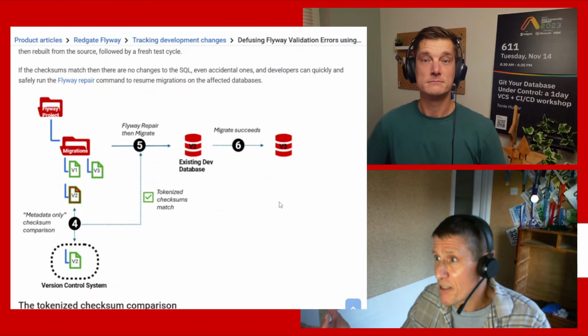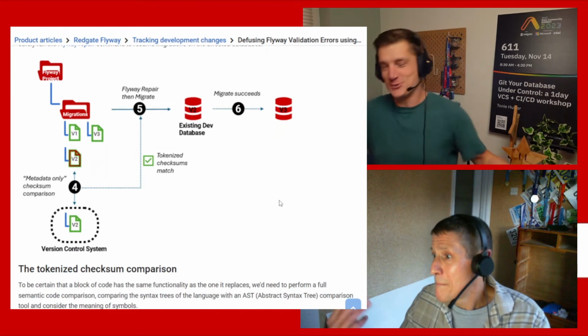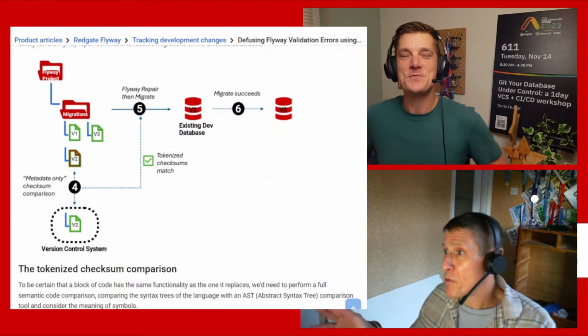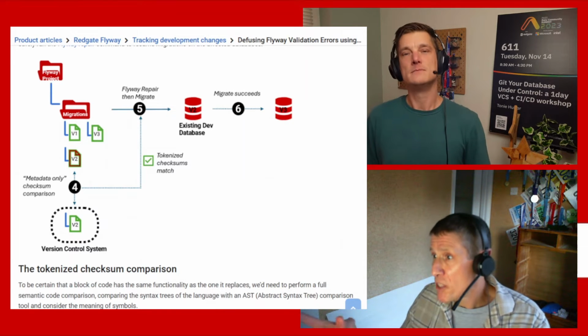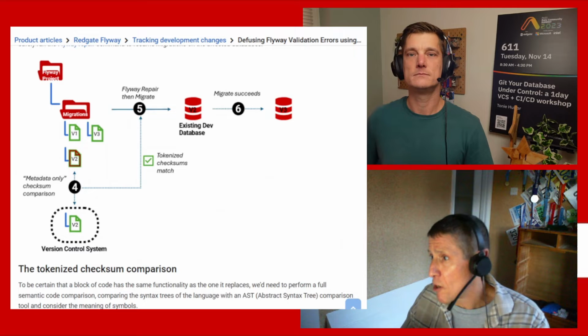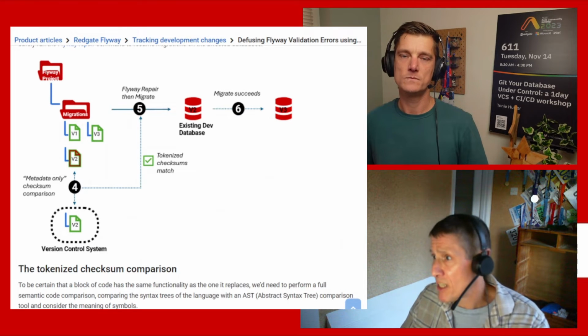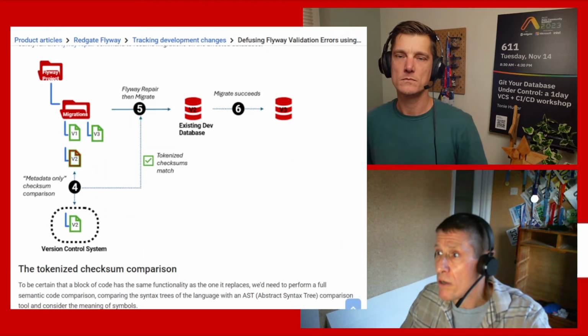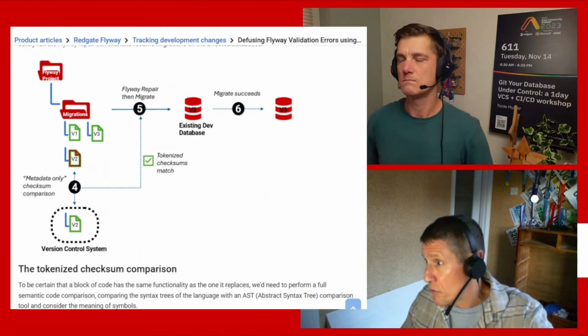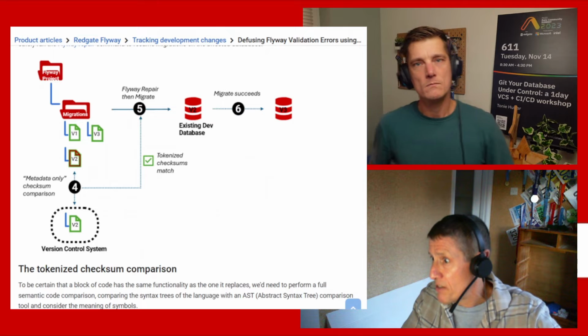Exactly. You've just described it perfectly. It strips all the code into tokens, filters out any tokens it recognizes as being comments or just white space changes, and then does the checksums between the original file that you've got out of source control and the current state of the file.